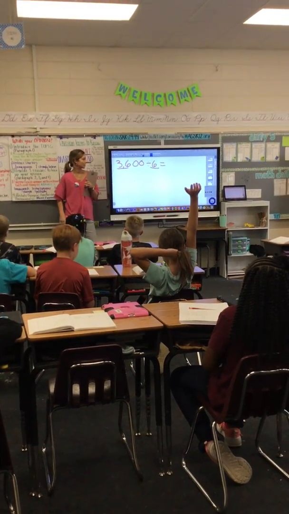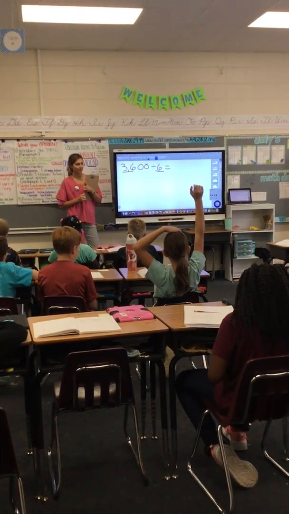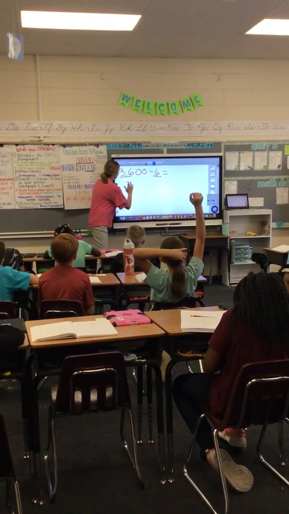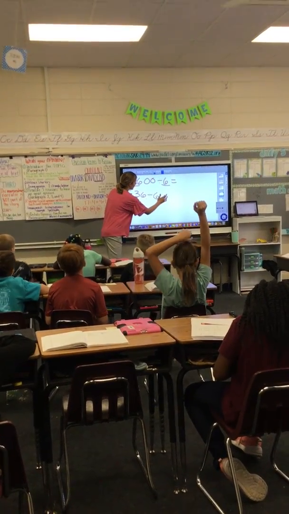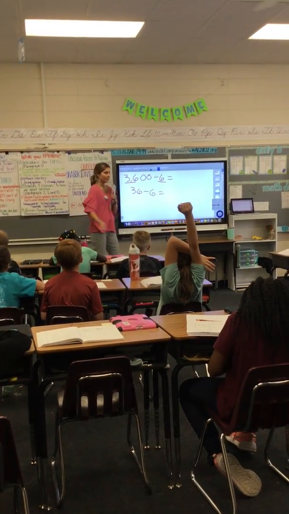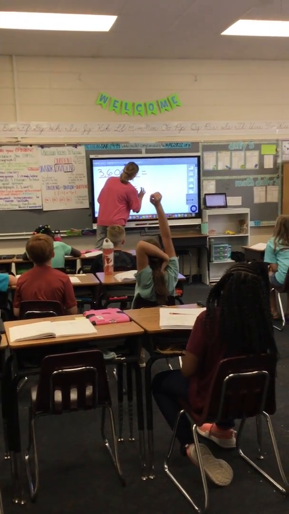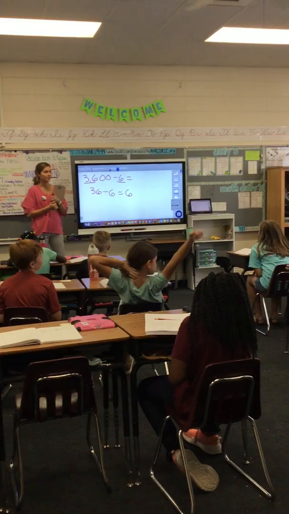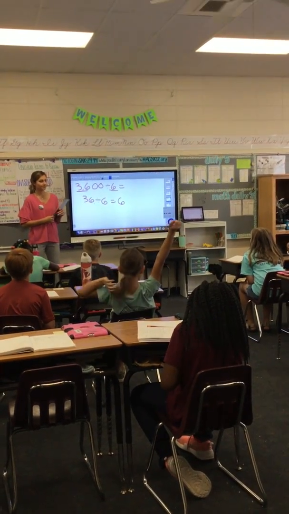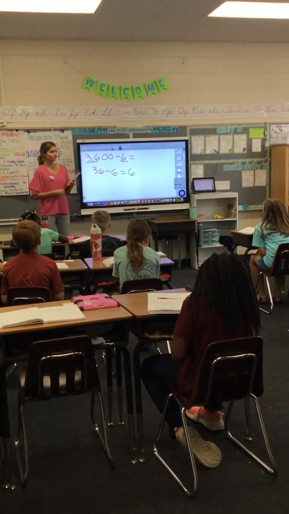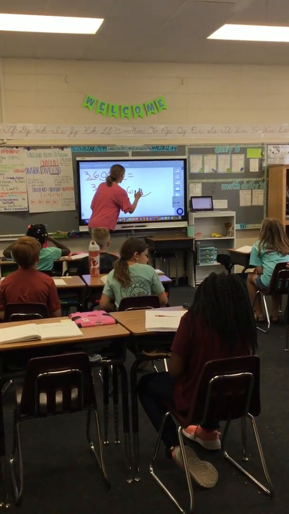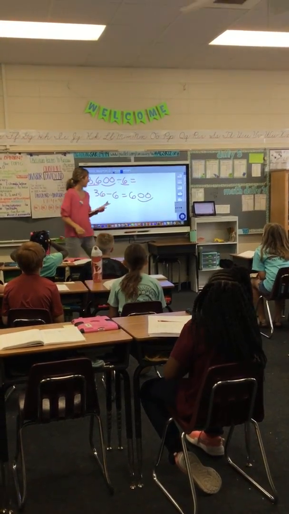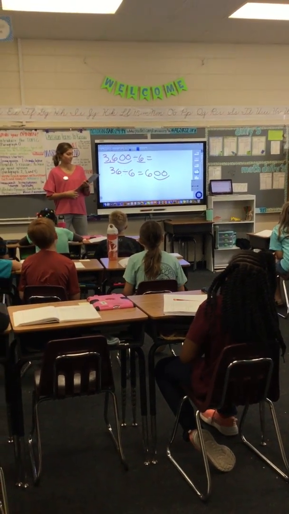So then what is your new basic division problem? 36 divided by 6. Which equals? 6. But am I done yet, Sadie? No, because you didn't add back the zeros from the 600. Yes, I have to add back my hundreds. So I'm going to add back my 2 zeros to get my final answer of 600.